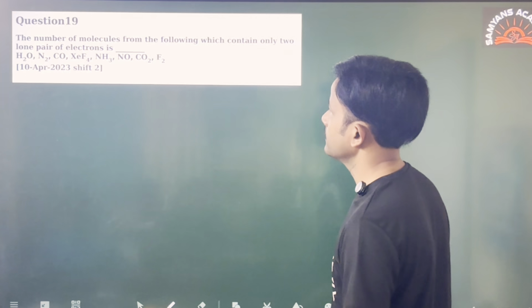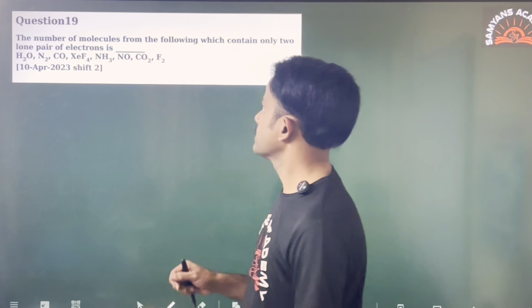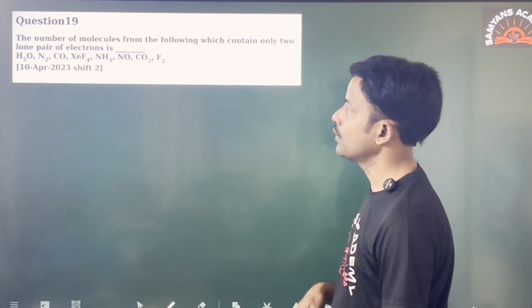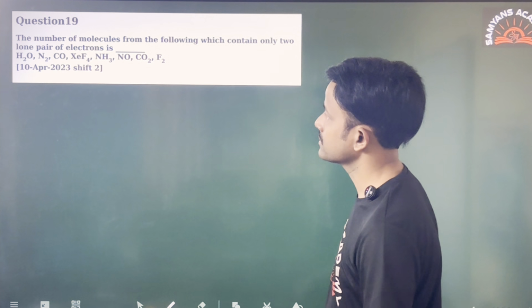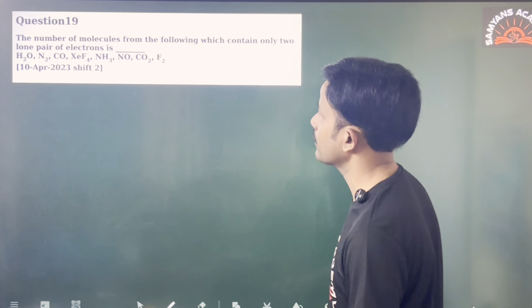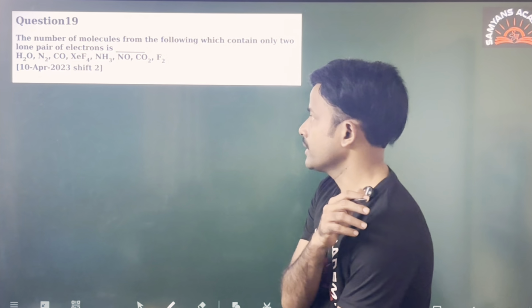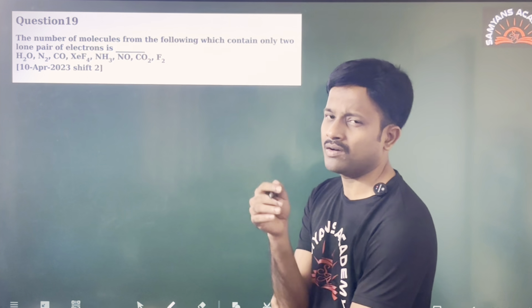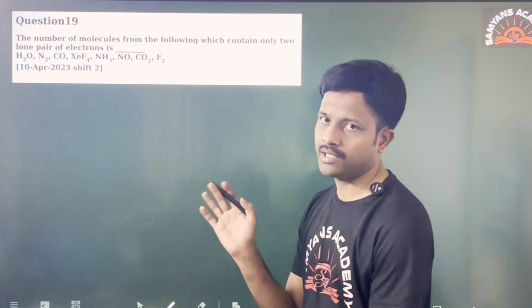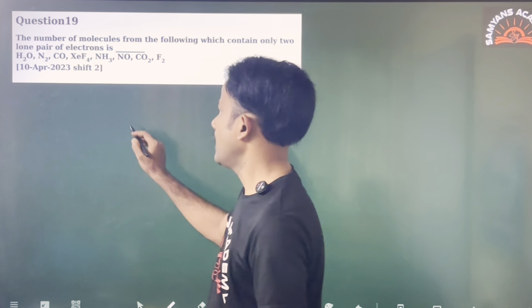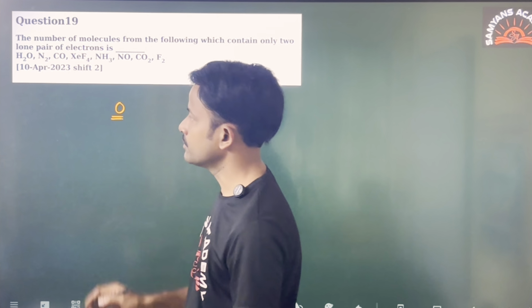Okay, next one: the molecule from the following which contains only two lone pairs of electrons is. So which contains two lone pairs of electrons? For that you need some chemical bonding. This is not related to the periodic table, but to chemical bonding. Oxygen belongs to which group?